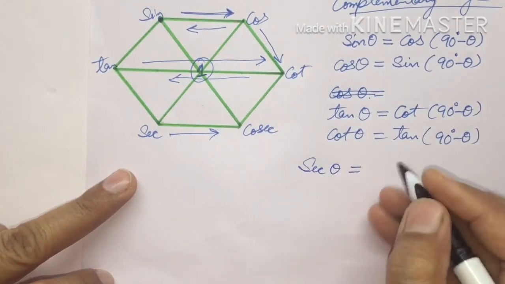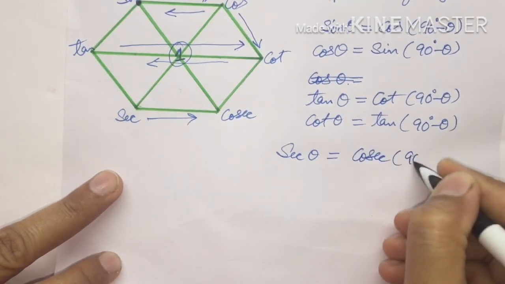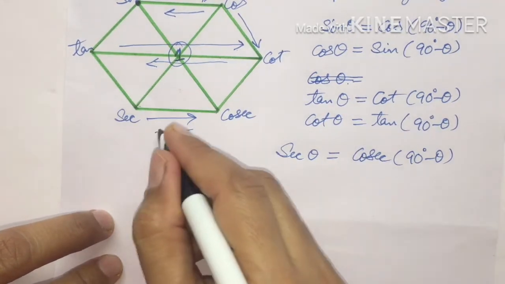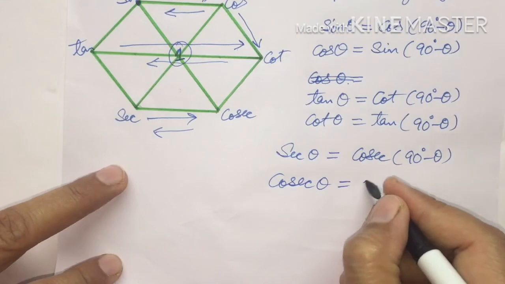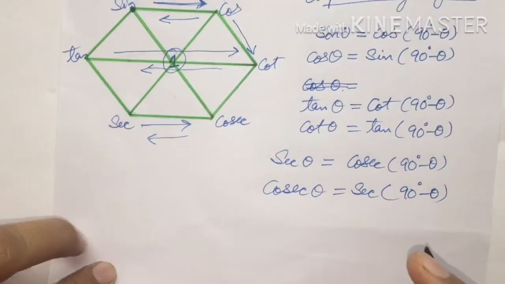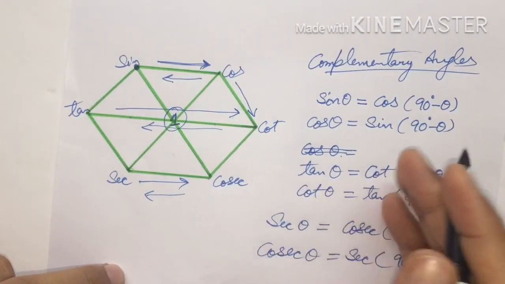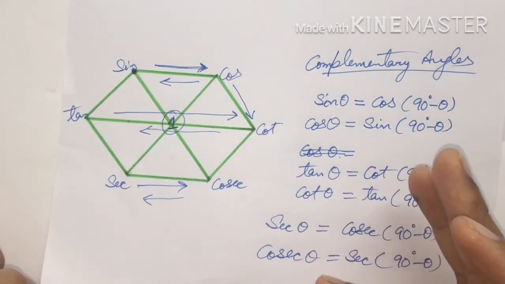Secant theta is equal to cosecant of 90 degree minus theta. And when you move in the reverse direction, cosecant theta is equal to secant of 90 degree minus theta. In this way you can write down the complementary angles that we will use in solving trigonometry sums.